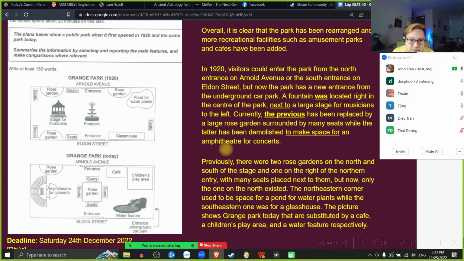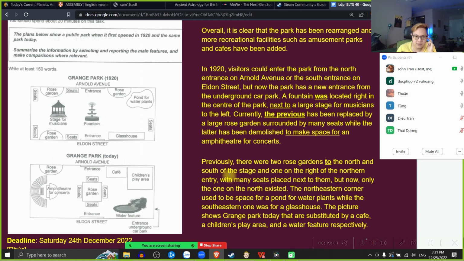Okay, previously, I think to the north and south of the stage, I think. Two rows to the north and south of the stage. And ba cái rose garden lận mà.